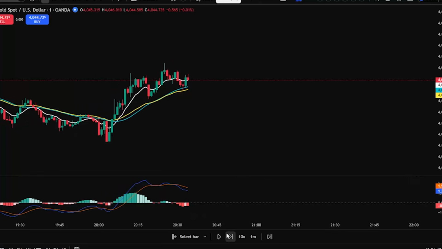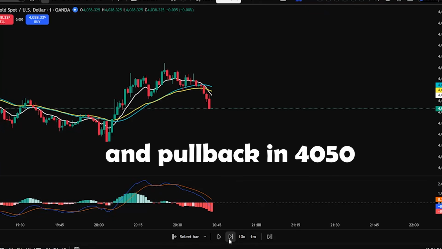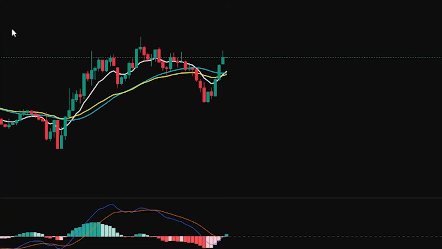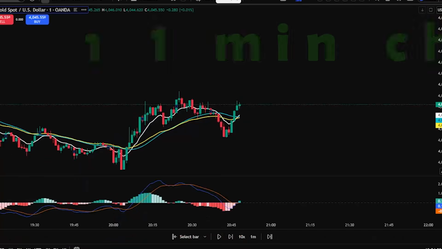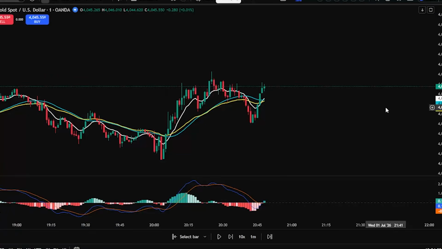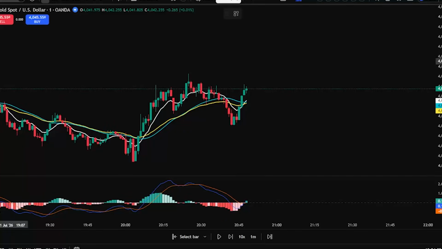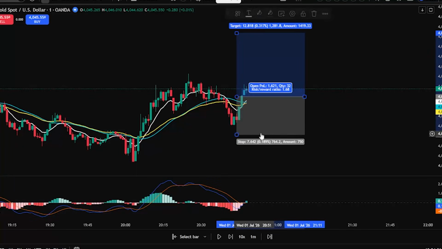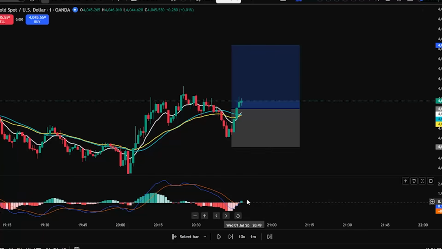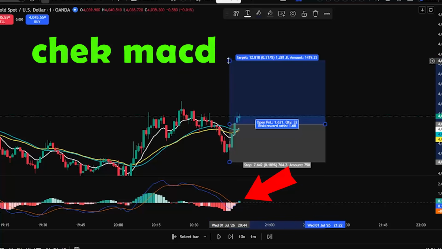For example, imagine gold starts dropping from 4,050. The first confirmation appears when EMA 9 crosses below EMA 21 on the 1-minute chart. Price then moves below EMA 34 and comes back for a retest. At this point, many traders enter immediately, but we add one more confirmation. We check MACD.